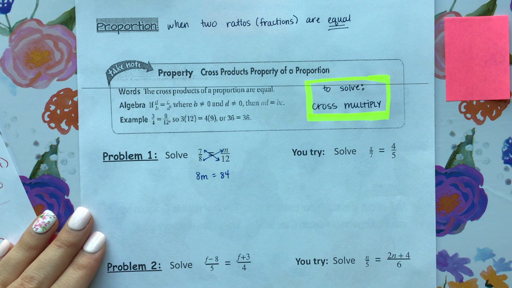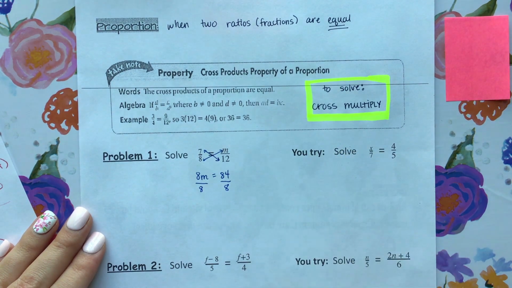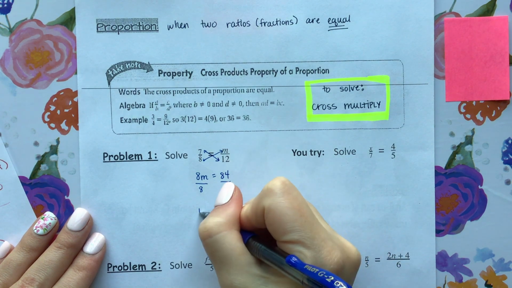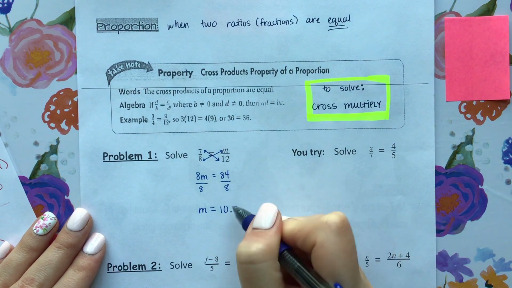Now that I have my equation written out as one line, it's not two fractions anymore, I can solve for the variable. So I'm going to divide by 8 and divide by 8, and I'm going to get a decimal for my answer. I'm going to get m is equal to 10.5.